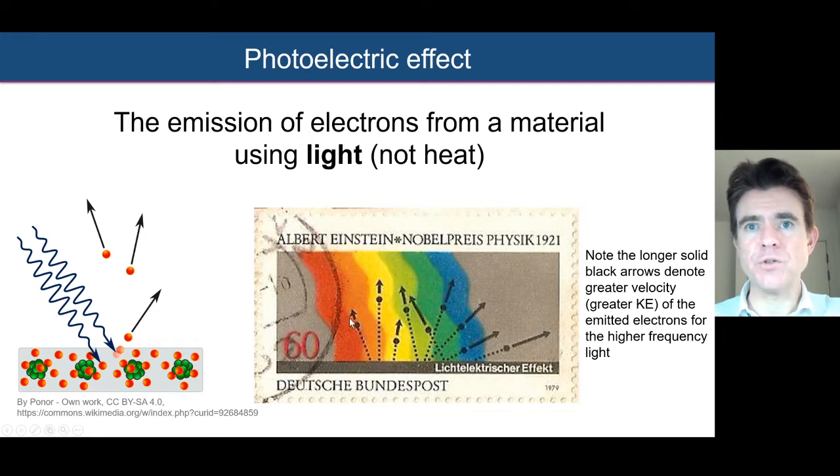And you'll notice there's a very small arrow there indicating that there's only a small amount of energy, a certain kinetic energy, corresponding to this electron coming off this surface. Whereas as you go towards the blue end of the spectrum, you'll see that these black arrows are much larger, indicating for blue light we get a higher kinetic energy of the emitted electrons. So we're going to unpack that and investigate what is going on exactly.